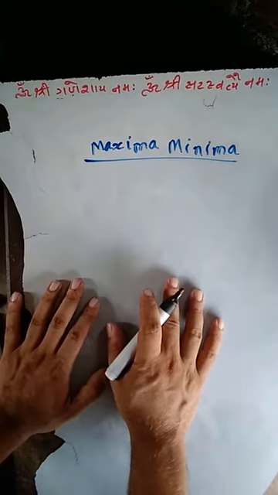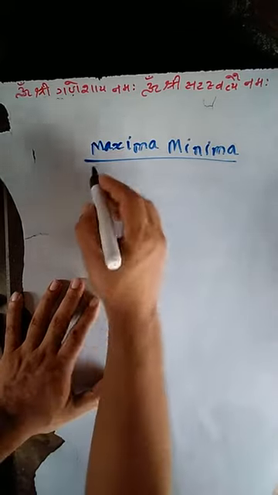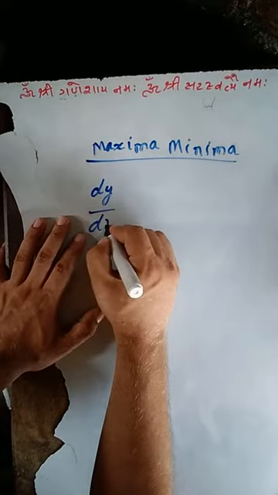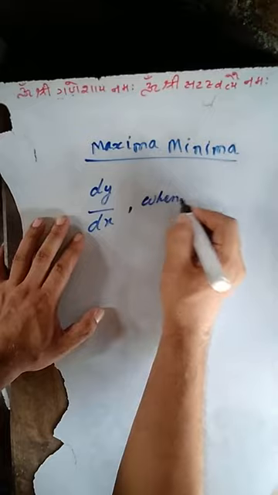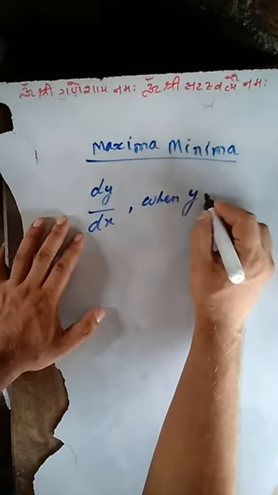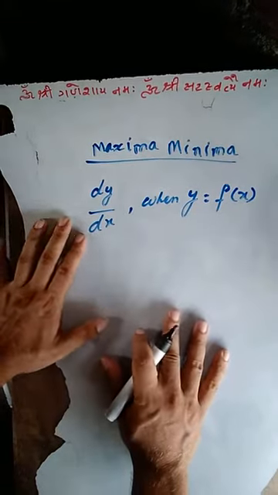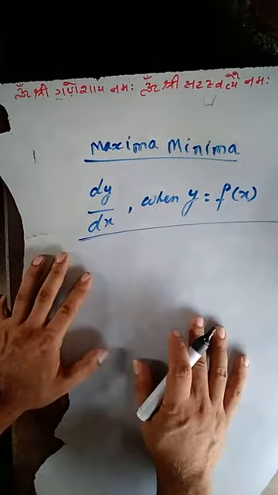Before studying maxima and minima, we must know the meaning of dy by dx when y is a function of x. So what is the meaning of dy by dx?